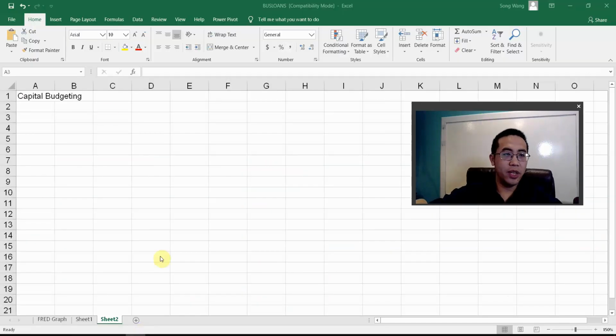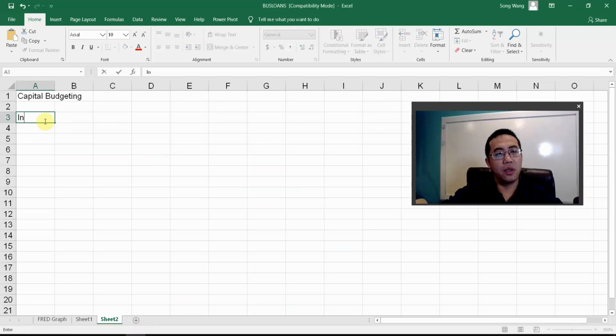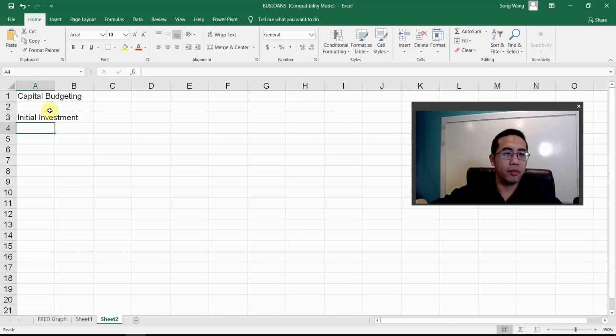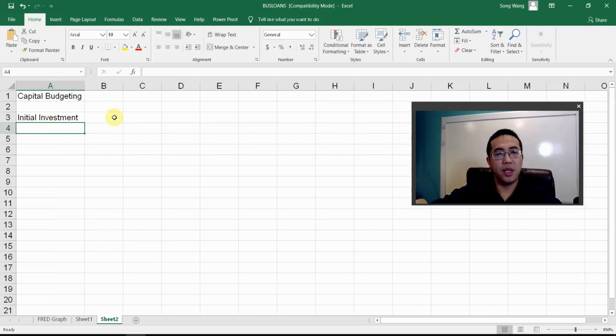All right, so what information do we need here? You need to know the initial investment of your capital budgeting. Usually it's a big lump sum investment to buy the equipment, to buy the property, to start the project.